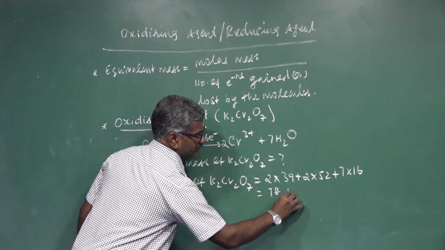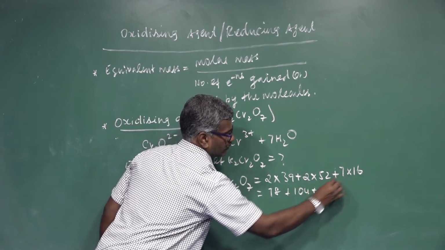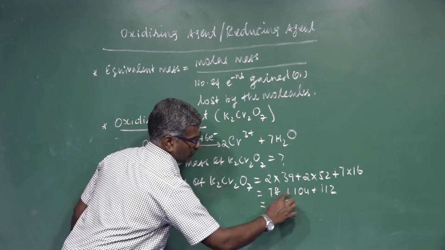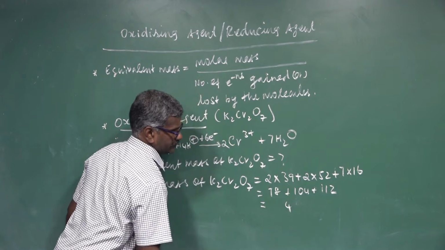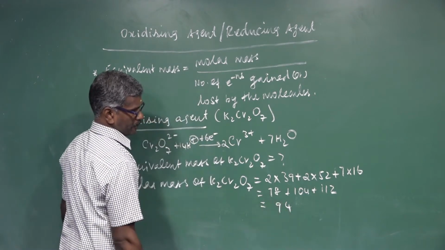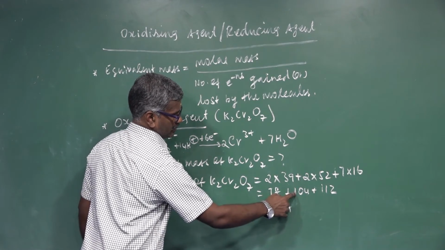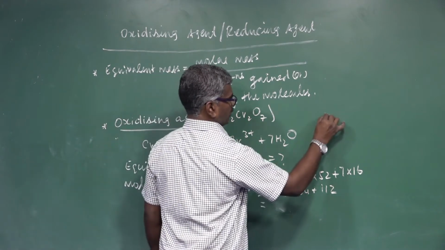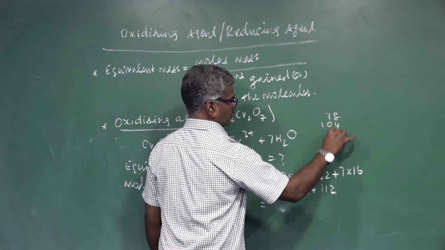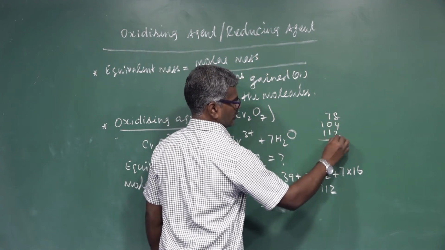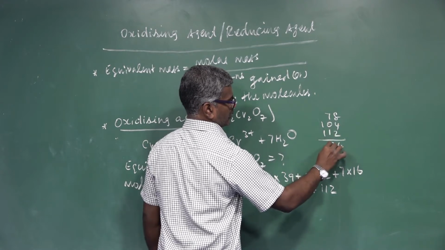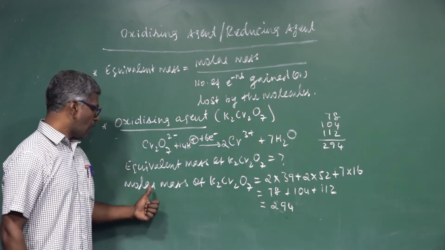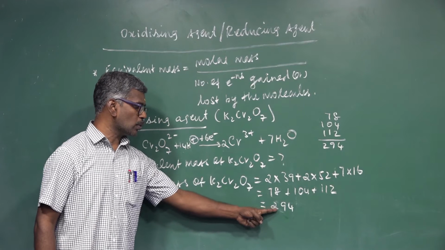Here 78, 104, 112. Totally 294. Molar mass of K2Cr2O7 is 294.